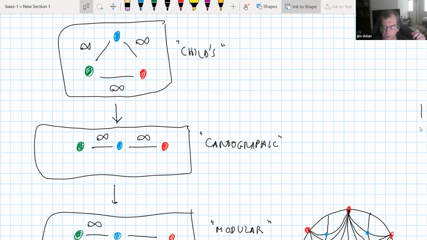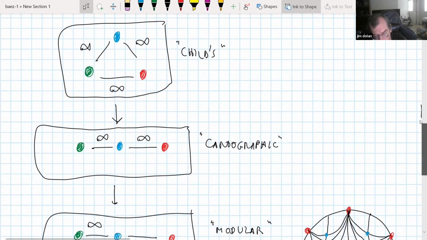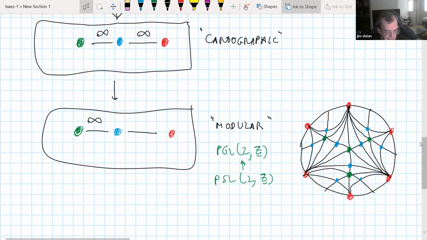That's just saying that PSL(2,Z) has two generators, and that the extra relators just say that something is order 2 and something else is order 3.